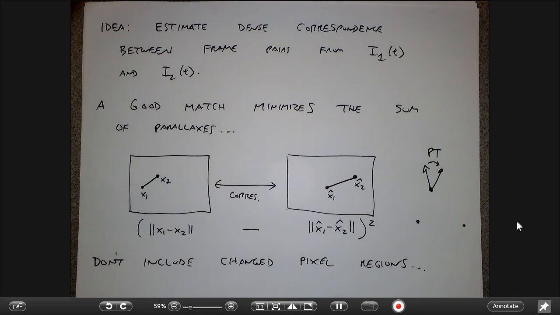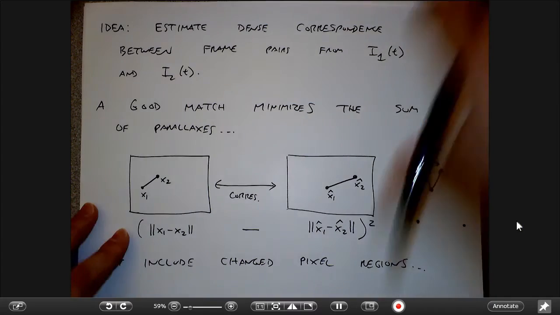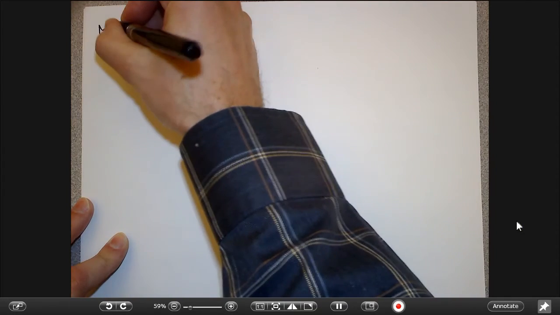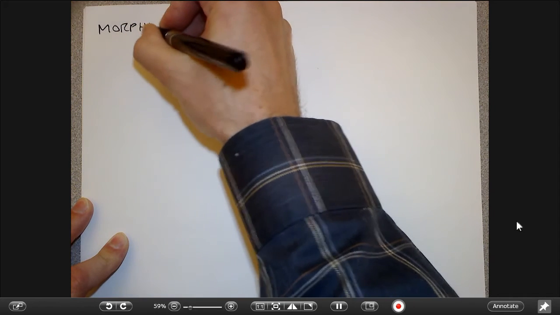Okay, next topic, and one that I'm sure you're already familiar with, is morphing. Morphing is an effect of my childhood, like the Michael Jackson video and Indiana Jones and stuff like that, where you have one face that you're transforming into another face. This process relies on a dense correspondence between the images.